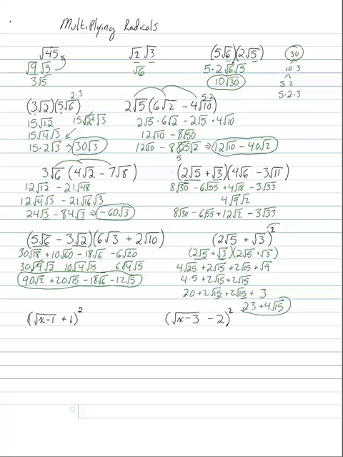And that's it. So notice real quick that when I FOILed this, because I squared something, it was the same thing multiplied by itself. So my 2 square roots of 5 times my 2 square roots of 5 became 2 squared, which was 4, times square root of 5 squared. If I wrote out square root of 5 squared, that square and that square root would cancel each other out. They're opposite operations. I would just have the 5.